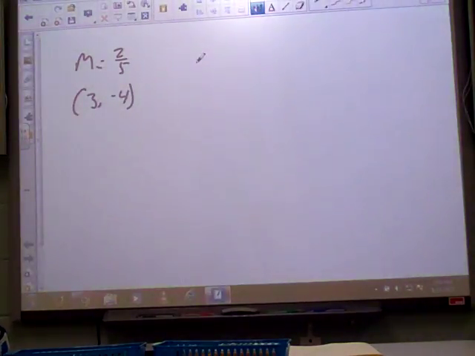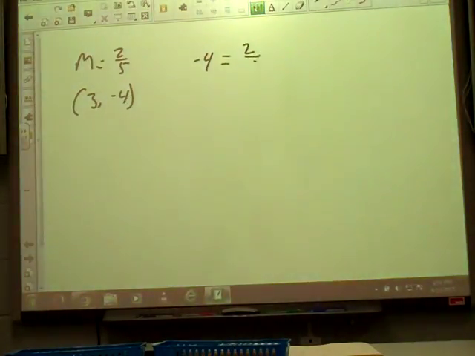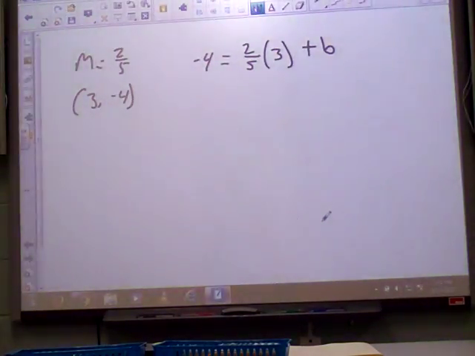So I got y equals mx plus b. Right? Now we can just algebraically solve that for b. 2/5 times 3 is 6/5.